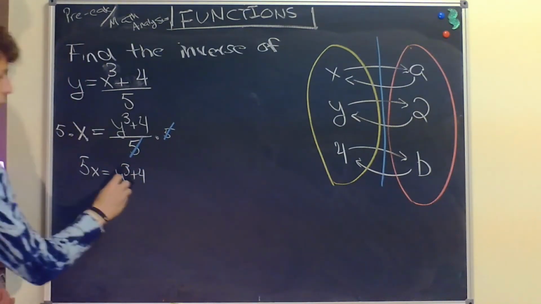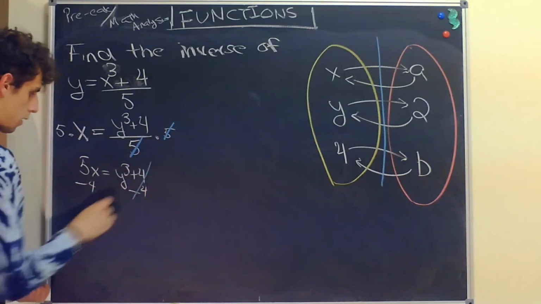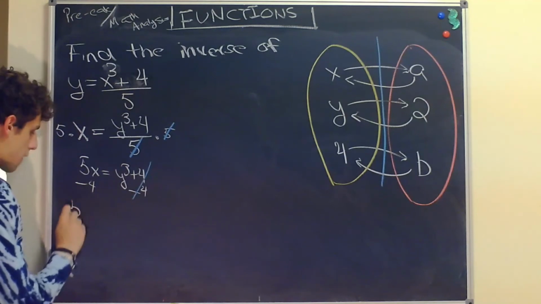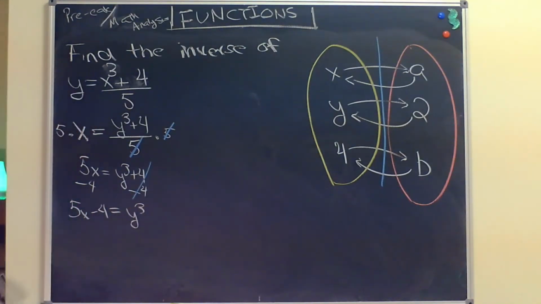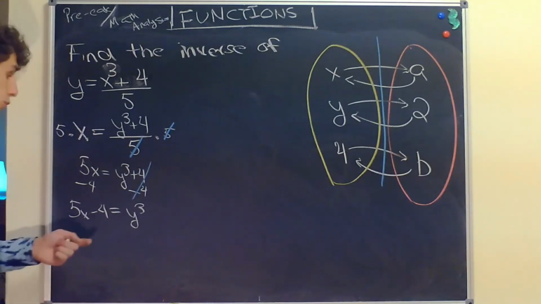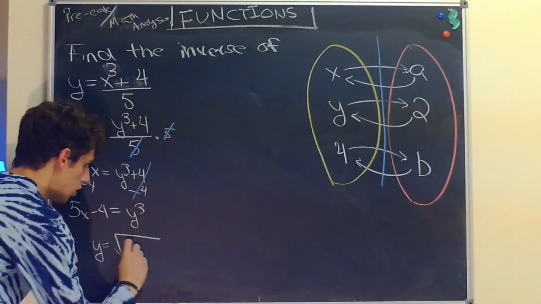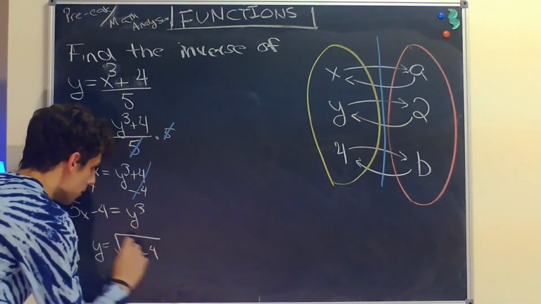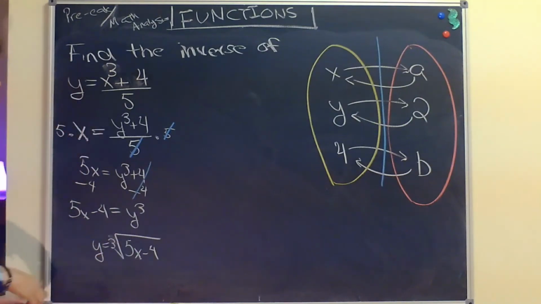Now let's subtract 4 from both sides. That gives us 5x minus 4 equals y cubed. And now finally, let's take the cube root of both sides. So we have y equals the cube root of 5x minus 4. And this is a cube root here.